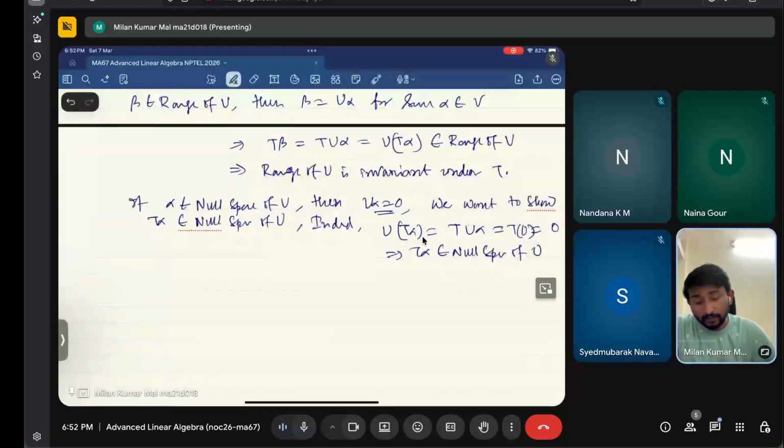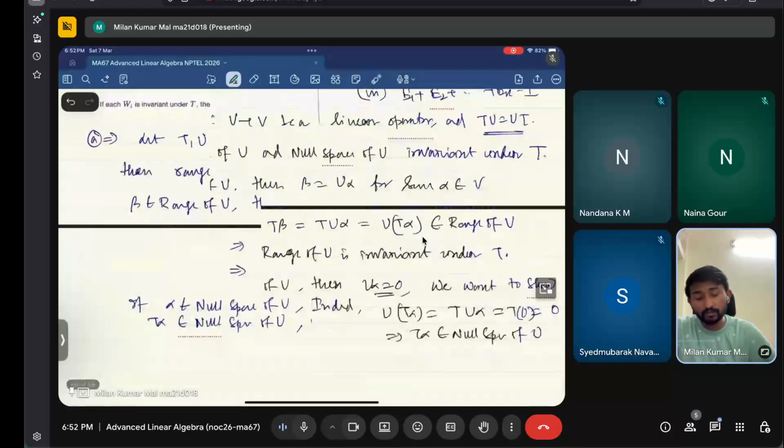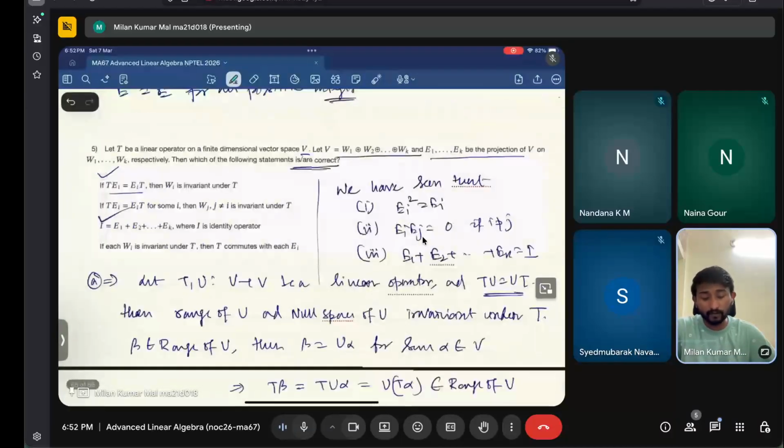So now, what is the first option? Why am I doing this? Because the first option can be derived from here.